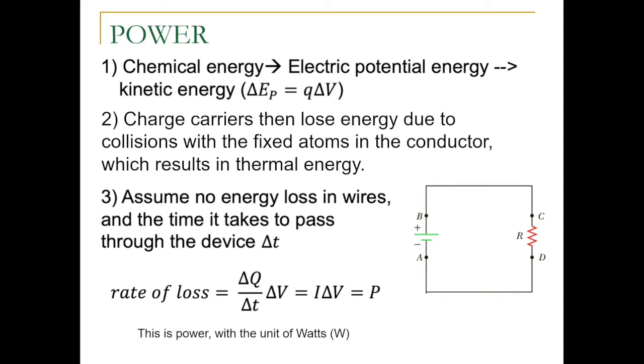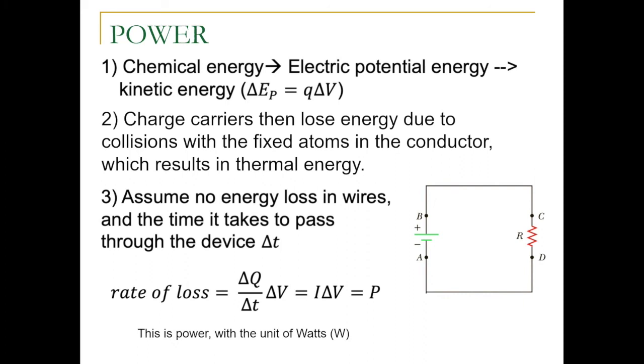We understand from conservation of energy that this electric potential energy is going to be converted into kinetic energy as the electron travels through the battery. The equation that you see before you is the electrostatic equation for work, which is equal to the change in potential energy, which is equal to the charge of the particle times the potential difference between the anode and the cathode. Again, if you've never heard of that before, you just haven't studied electrostatics yet.